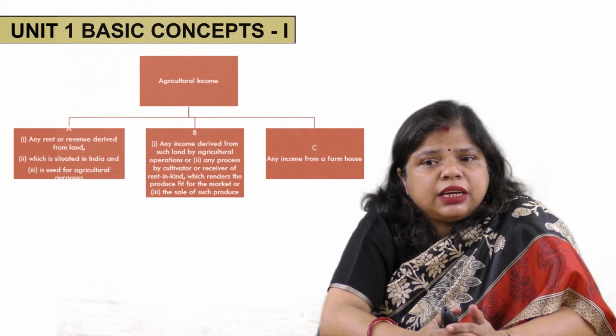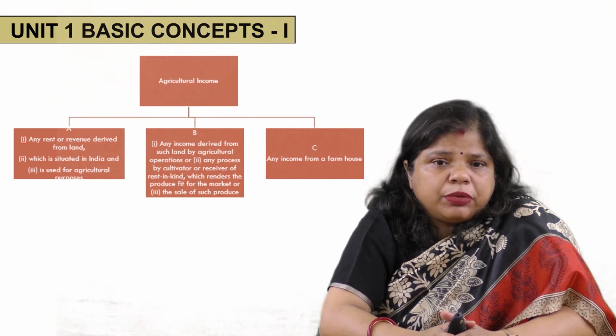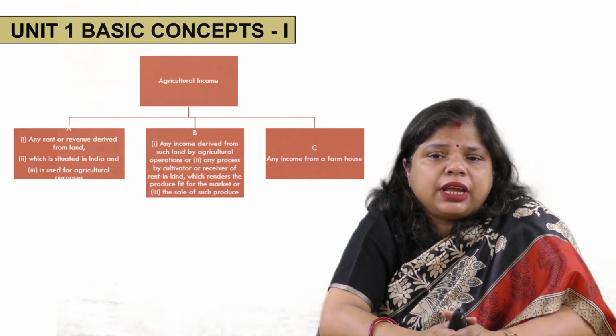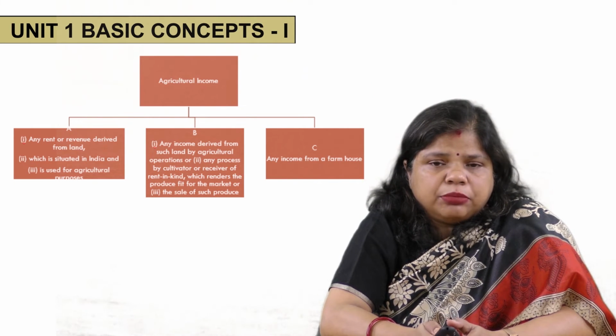Third is any income from a farmhouse. One important point we have to remember is that capital gain arising from the transfer of urban agricultural land shall not be treated as agricultural income.